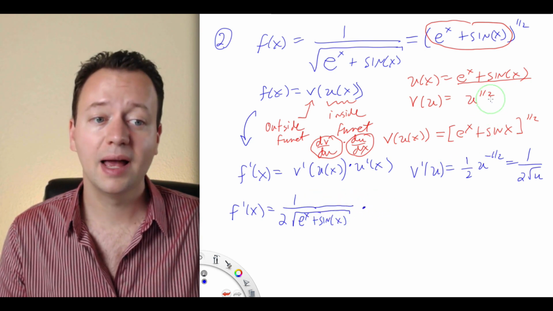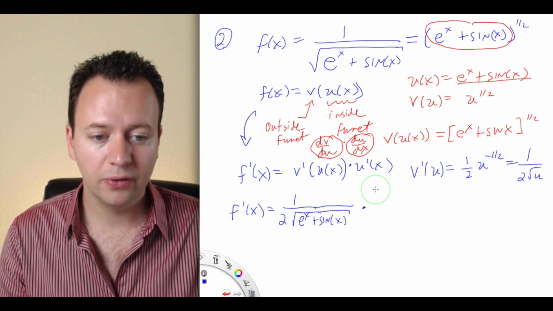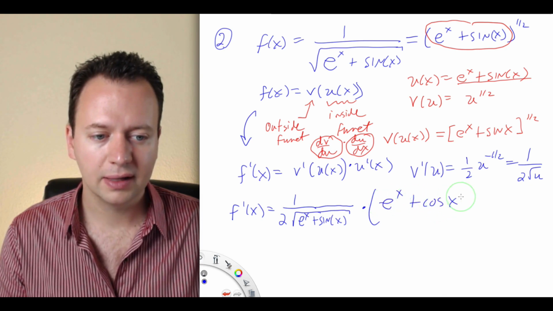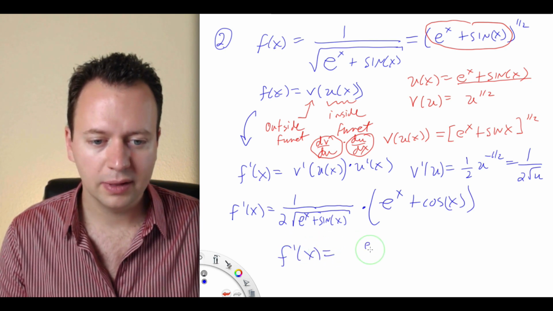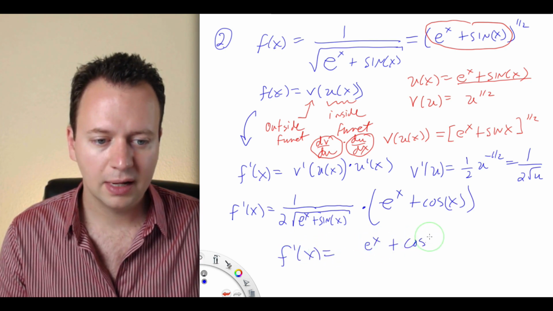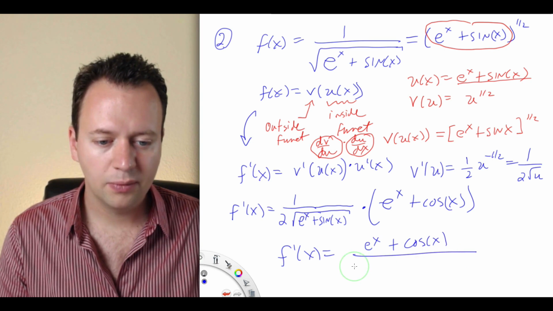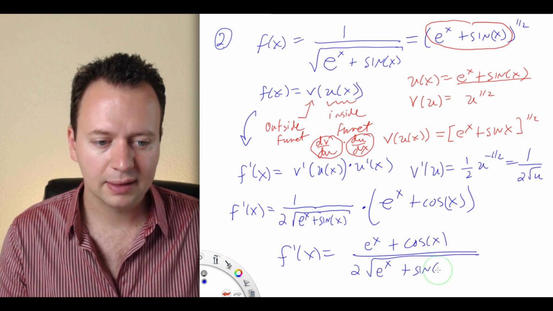And then I multiply by the derivative of u of x. Well, the derivative of u of x is e to the x plus cosine of x. So altogether, f prime of x is going to equal e to the x plus cosine of x divided by 2 square root e to the x plus sine of x.